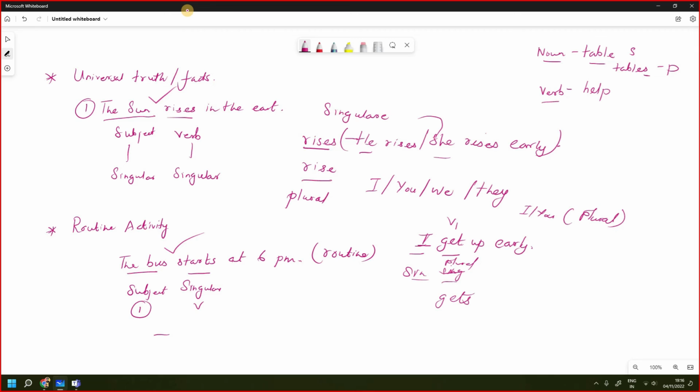But in the case of verb, no. There is a word called help and there is also a word called helps. But the problem is, verb is always opposite to noun. So what happens here is only when I add s, it will become singular. If I don't add anything, it is always plural.